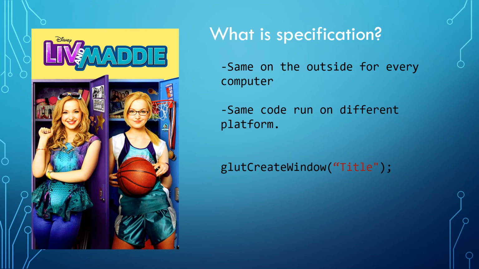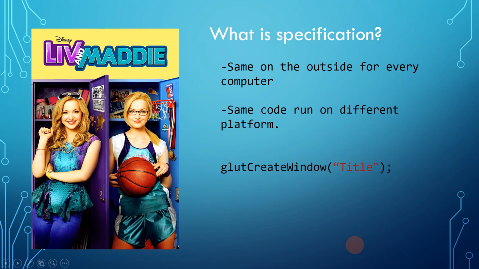Similarly, for all the graphics functions or tasks that the computer has to do, a specification creates uniform, same-looking functions on the outside, which take identical inputs no matter what computer hardware you are using.